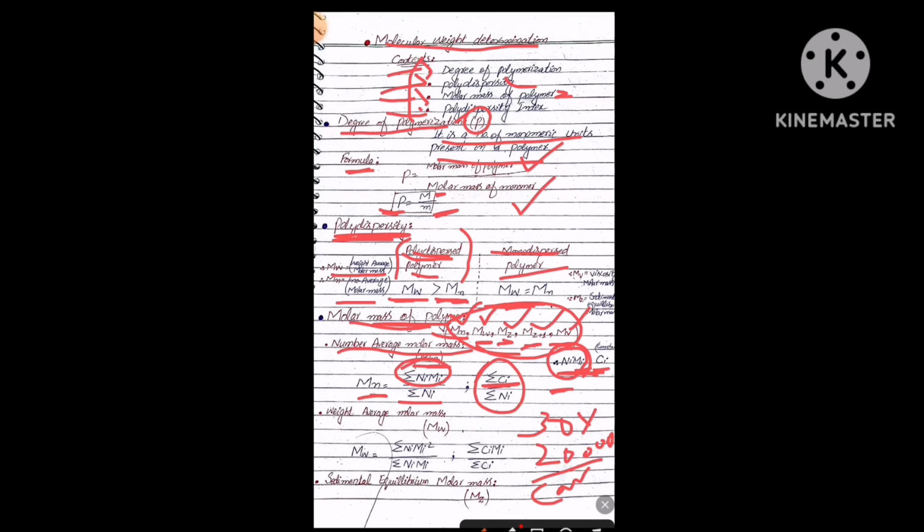The second formula is Mw, the weight average molar mass. W is the weight, capital M is the molar mass. So the weight average molar mass of the polymer, capital M representing the molar mass of the polymer. So Mw is equal to the sum of Ni Mi squared divided by the sum of Ni Mi.